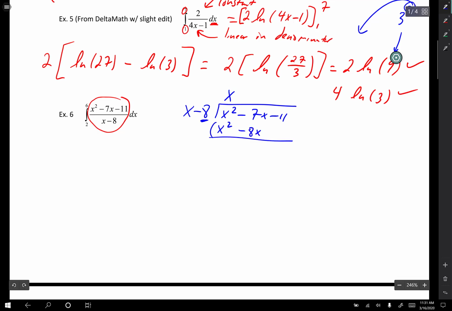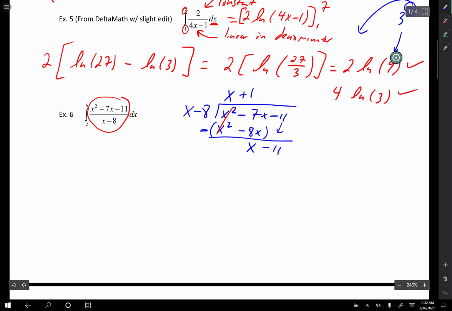Now I'm going to subtract these. When I subtract, these x squares cancel out, and that negative turns into a positive. So negative 7x plus 8x is just an x. And then I bring down the 11, so minus 11. Now you say x times what is x? Well, it's just 1.